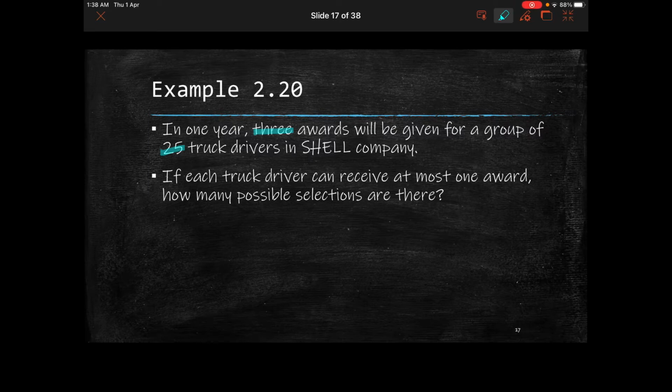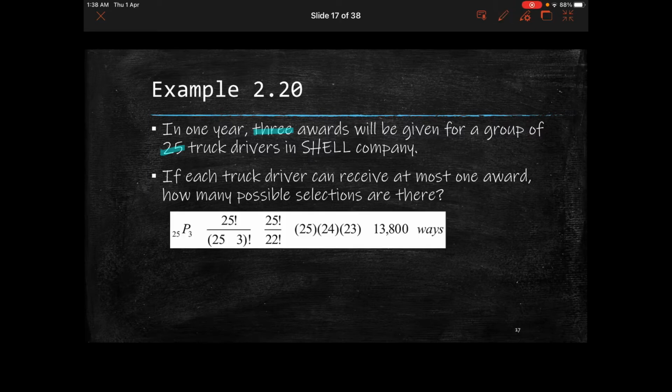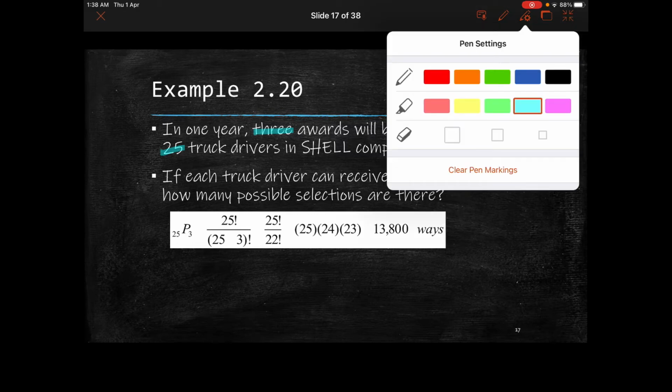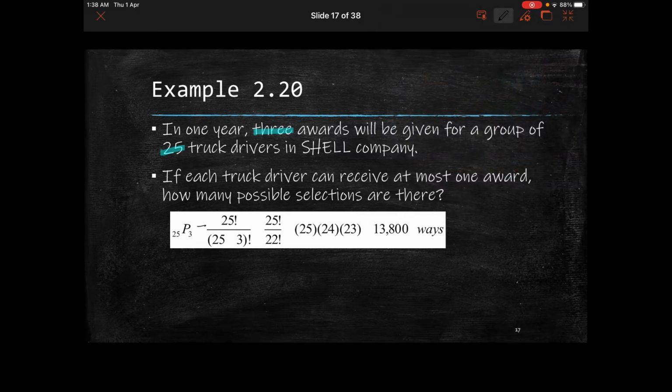So 25P3 equals 25 factorial over 25 minus 3 factorial, which is 25 factorial over 22 factorial. And the answer would be 13,800 ways.